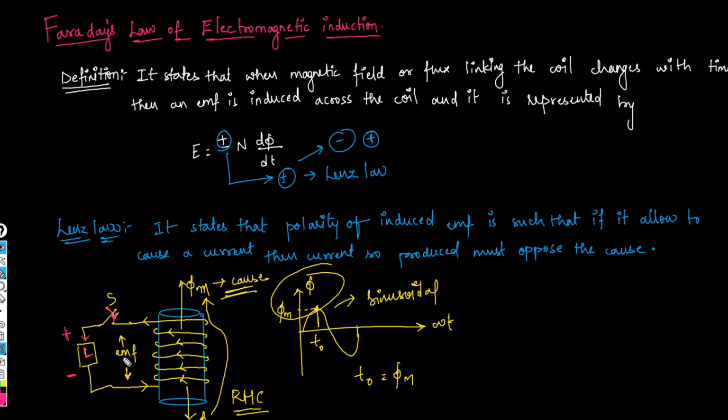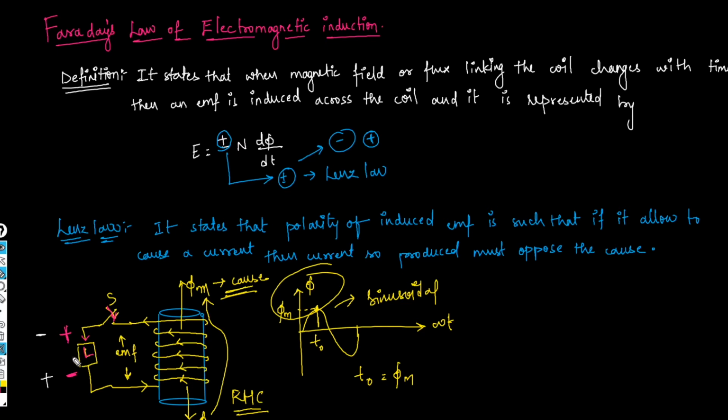Therefore the direction of the EMF is in this way. There is no need to take this plus and this minus; it can be of your choice. You can plot this one as minus and this one as plus.